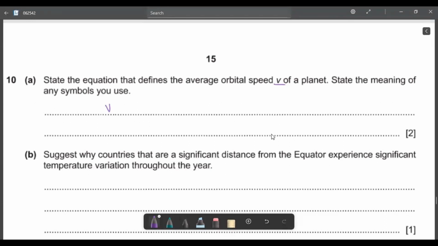So average speed can be written as v is equal to 2 pi r by T. Here, r is the average radius of an orbit, and capital T is the orbital period. Pi is 3.14 and v is the average orbital speed.